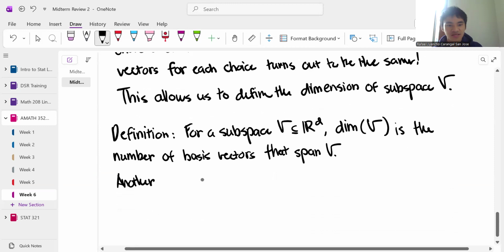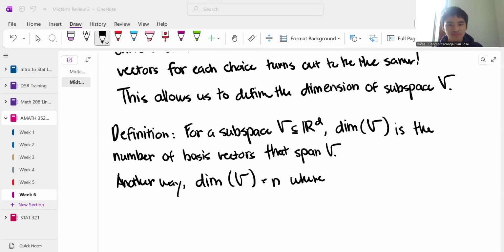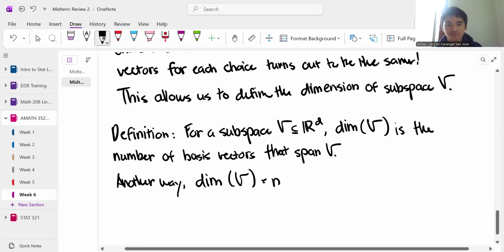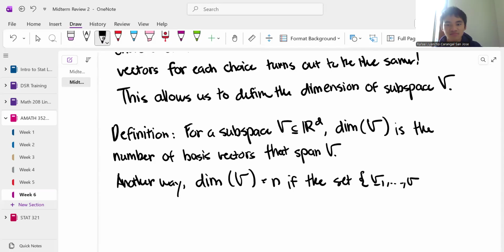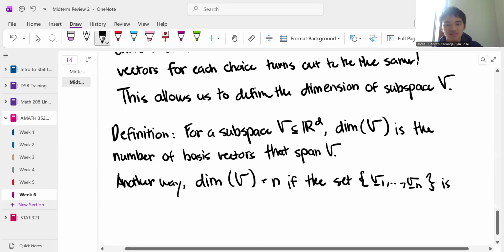Another way of saying it is the dimension of our subspace V is equal to n, where n, if the set V1 to Vn is linearly independent.